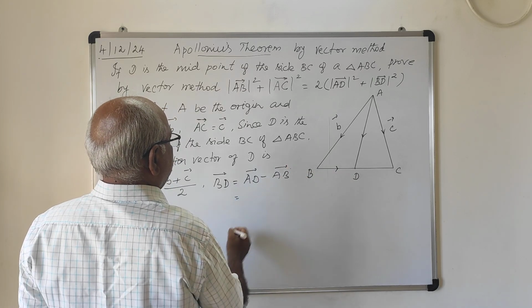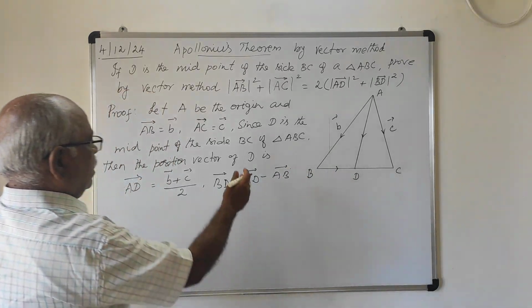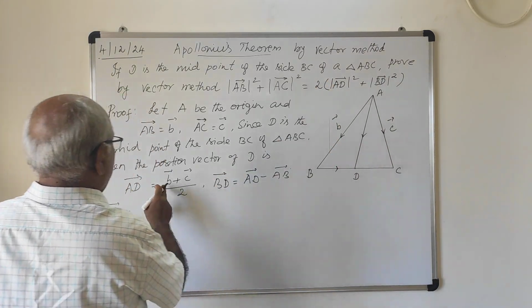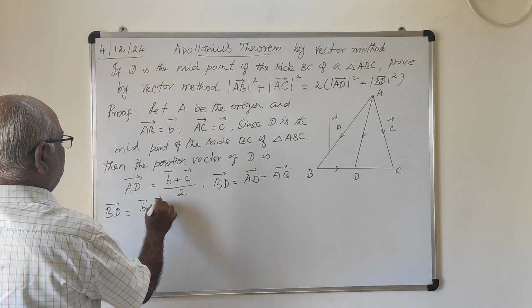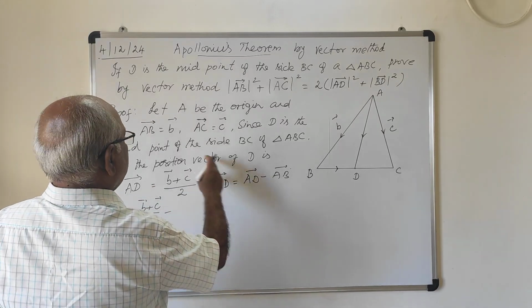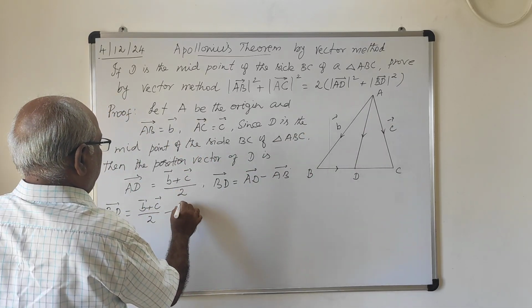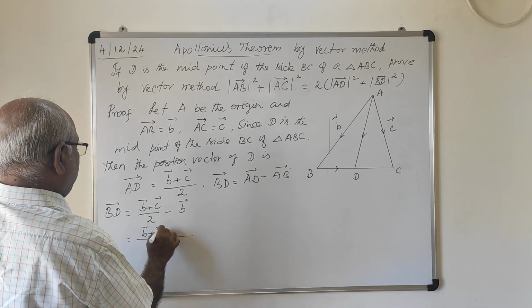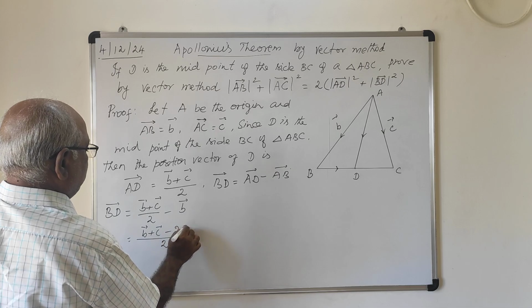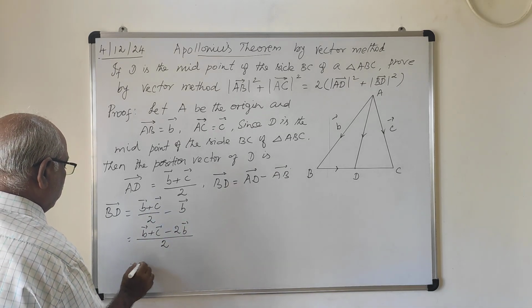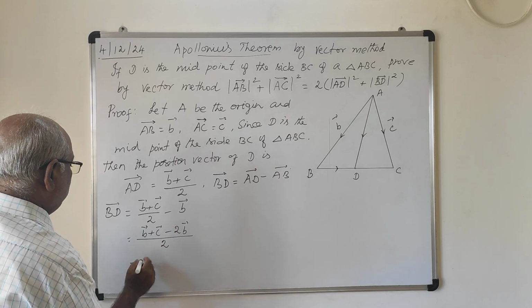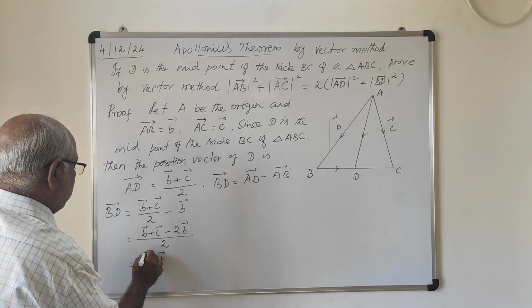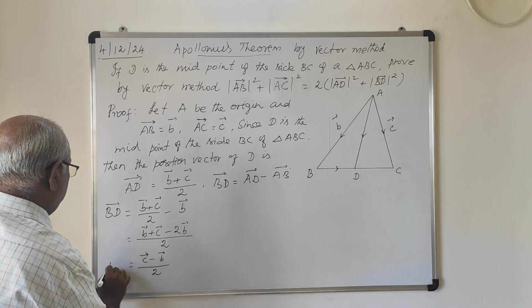AD we already determined as (B + C)/2, minus AB, and the AB vector is B. By simplifying, you get (B + C − 2B)/2, with common denominator 2. So you get (C − B)/2. This is your BD.